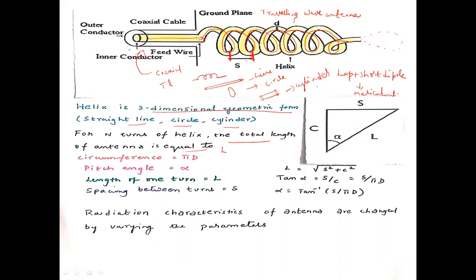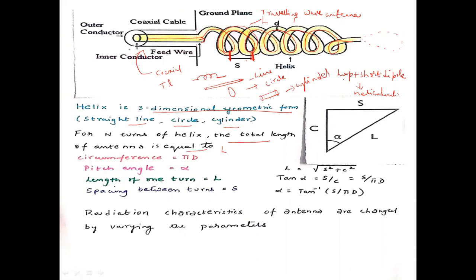And next, what is this L? L is nothing but the length of the helix. For the length of the helix, we need to consider the total length of a single turn. Here, just observe carefully, our measurement should be like this. Total length of a complete turn. Okay. So that is referred to as capital L, like this.